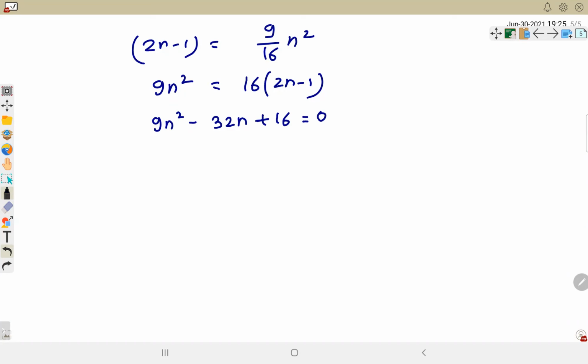Is it correct? 9n square, 32n, so minus 32 plus 16.